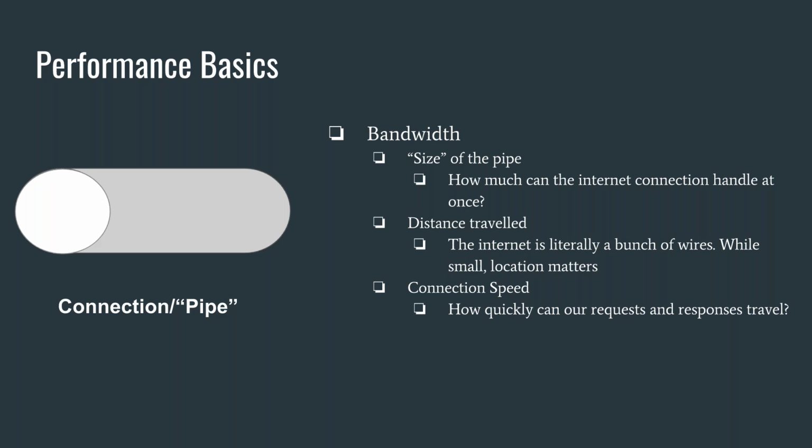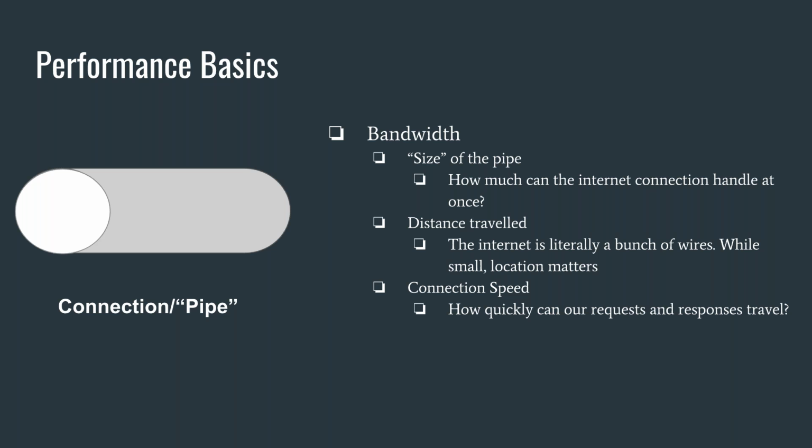Another thing to keep in mind here is distance traveled. It's minor, but we do have to realize that the internet is literally a bunch of wires and satellites, I guess. But while small, location does matter. If you're working with different third-party platforms and the servers for their tags are all the way across the world, it's going to take, yes, milliseconds, but more time for those requests to reach those servers and then come back and reach the client, or the browser, of the individual user.